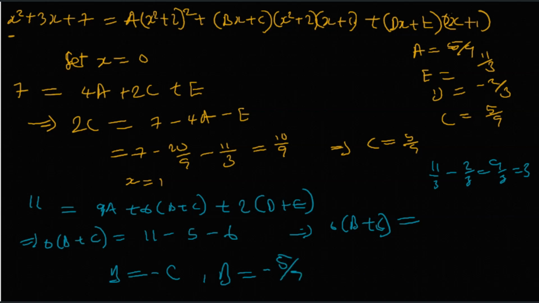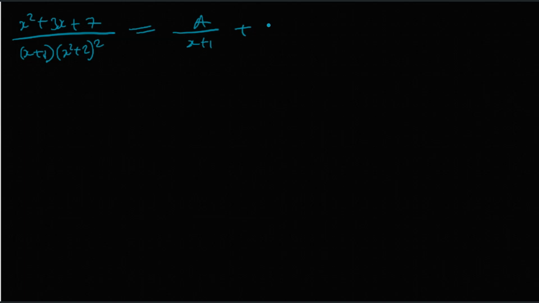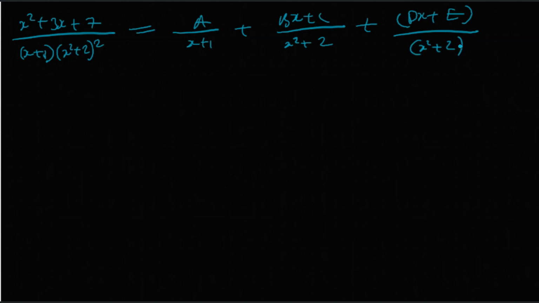Now let us go back. Okay, let's see our problem here. The integral of this expression, x squared plus 3x plus 7 all divided by x plus 1 times x squared plus 2 all squared, is equal to A over x plus 1, plus Bx plus C over x squared plus 2, plus Dx plus E all divided by x squared plus 2 all squared.